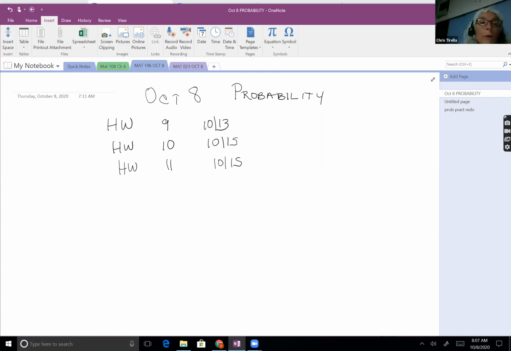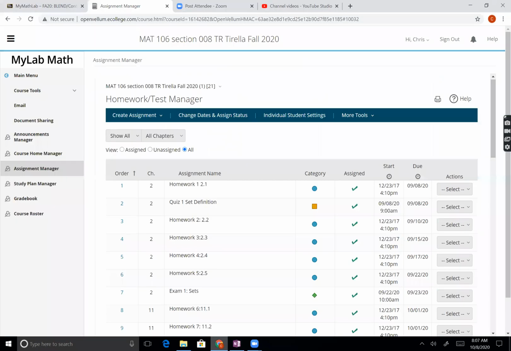Before we get started looking at probability with permutations and combinations, does anybody want to look at any homework problems at all? Yeah, I think number 4 that I was stuck on. In which assignment?